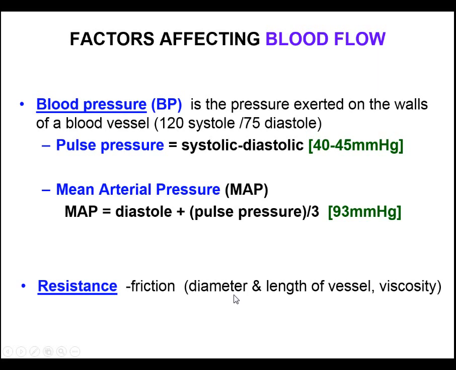Obviously, the smaller the diameter or radius of a lumen, the greater amount of resistance that would be offered to blood flow. The length of the vessel: keep in mind, this blood has to go from my heart all the way to my big toe, and the further it travels, the more friction and resistance it will experience.